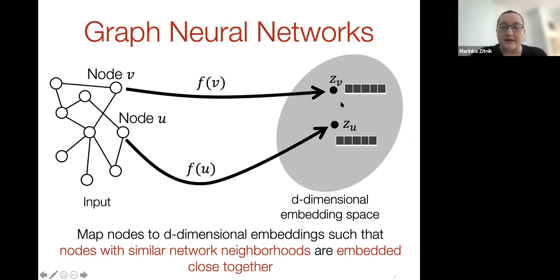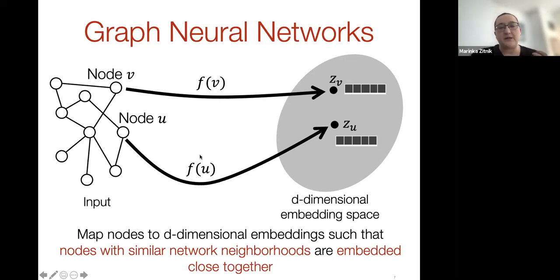That is important because the embedding space is optimized in such a way that it reflects the topology of the input graph. And so the key question becomes how to specify that transformation function f that will map nodes from the input graph to points in the embedding space, such that performing linear algebra operations in the embedding space will be reflective of topological similarity of nodes in the input graph.